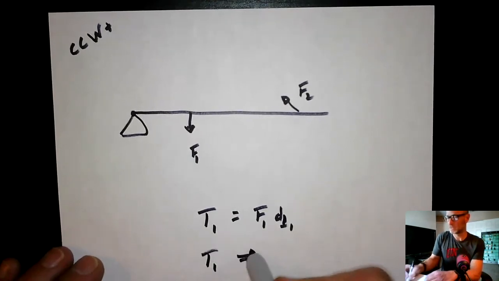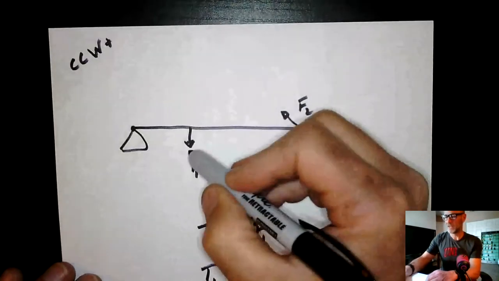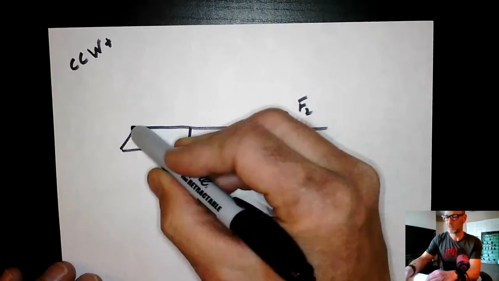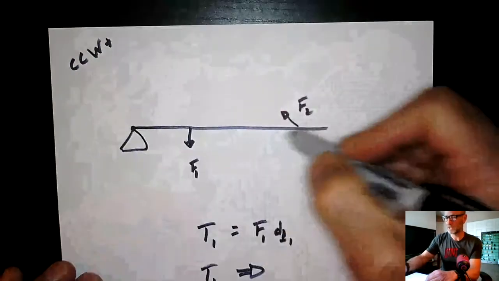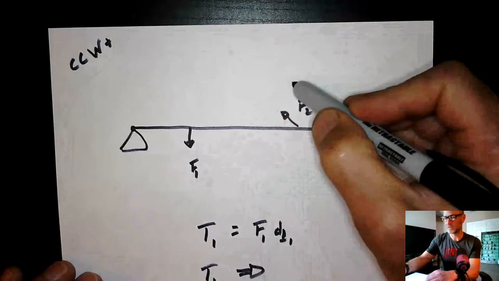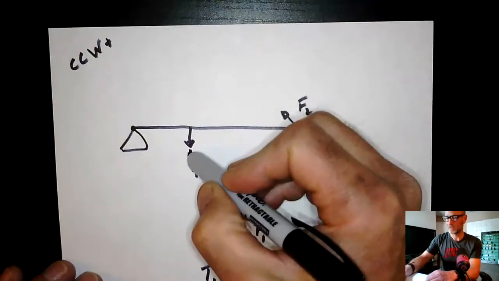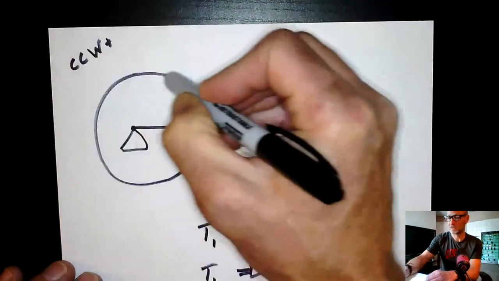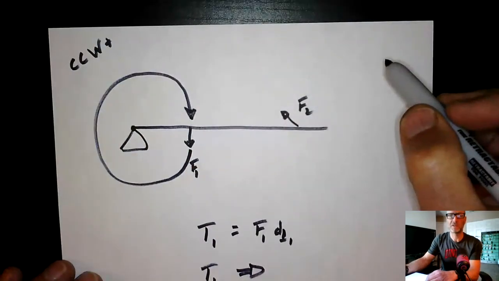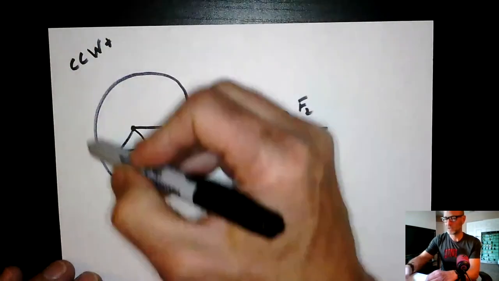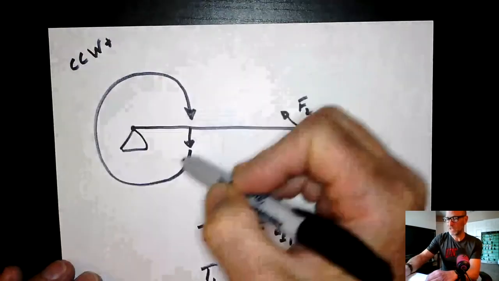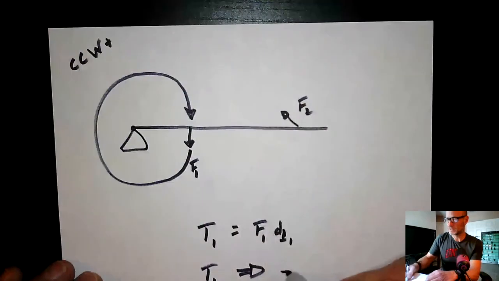Torque 1 direction. To identify that, we're going to start at the tip of the force vector, go around this axis of rotation, and you cannot cross the lever. So I cannot go in this direction. I have to go around like that, end up at the tail of that force vector, and I'm left with a rotation that's going in this direction, that's clockwise, and clockwise is going to be a negative torque.